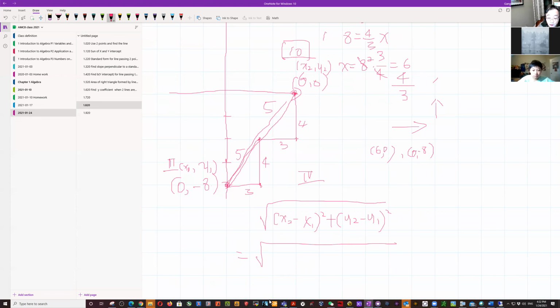Then we begin to plug in the numbers: x2 equals 6 minus x1 equals 0, and y2 equals 0 and y1 equals -8. So this is equal to 6 squared plus, and minus a negative number equals add, 8 squared, and this is going to be 10. So we're still getting the same result.